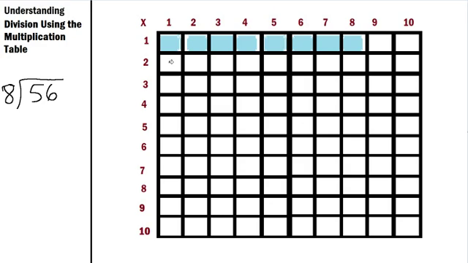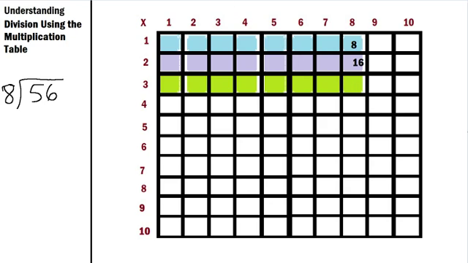So I can do at least one group of 8. If I do 2 groups of 8, my one group of 8 gave me 8, my next group of 8, I now have 16 things. I use another color. See if we can make another group of 8.